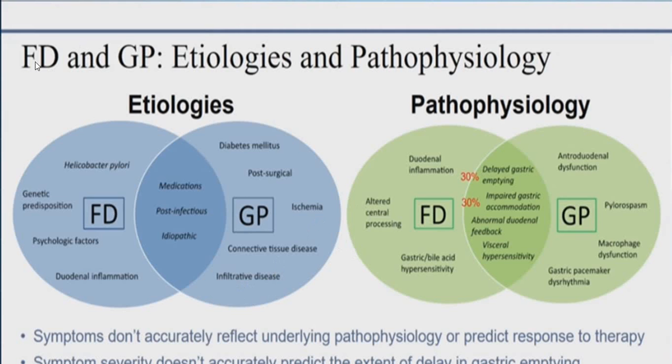While in case of functional dyspepsia, H. pylori infection, then genetic, then psychological, duodenal inflammation, etc. That will be a part. And in that functional dyspepsia, if you identify the exact etiology, then we call that as organic.